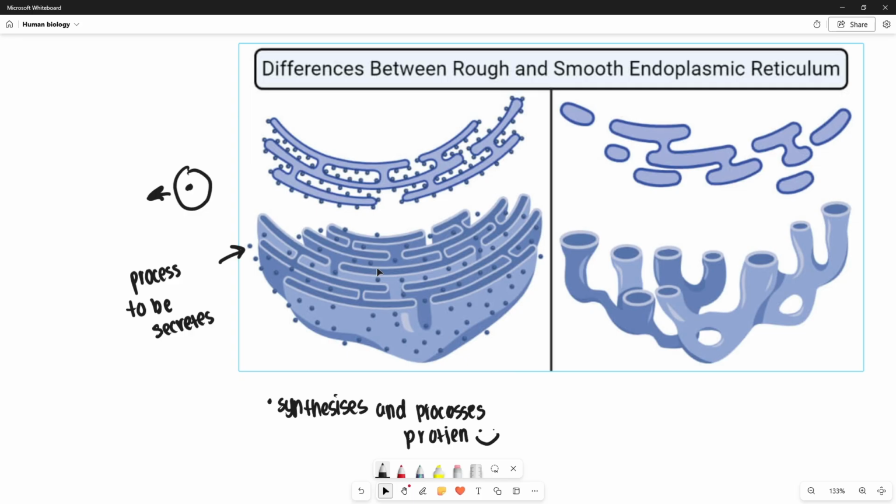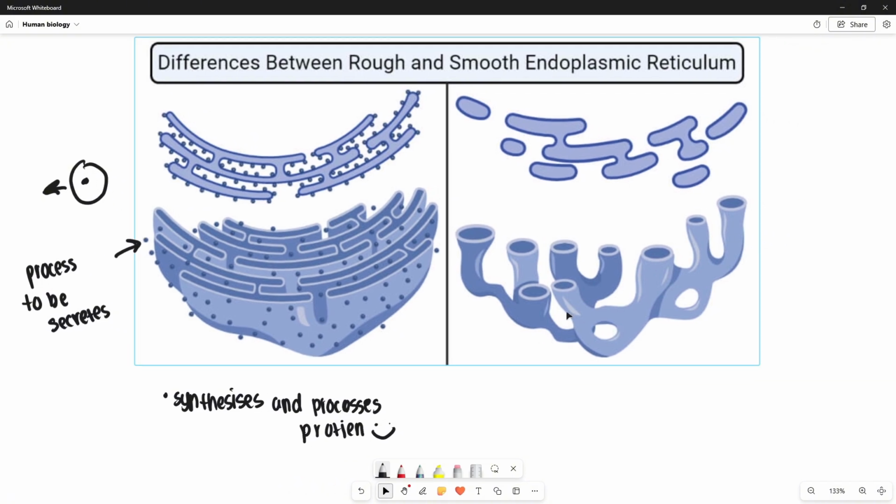Now, when we think of the smooth endoplasmic reticulum, as you can see, it's not studded. It's smooth. It's completely smooth. Its function is basically to synthesize lipids and steroids, and it detoxifies. It also stores calcium ions.